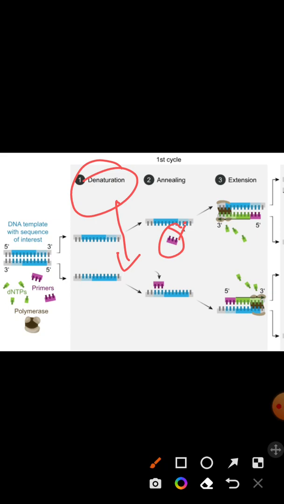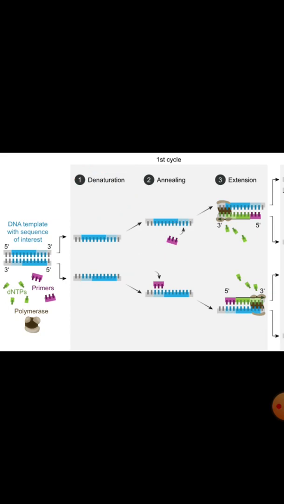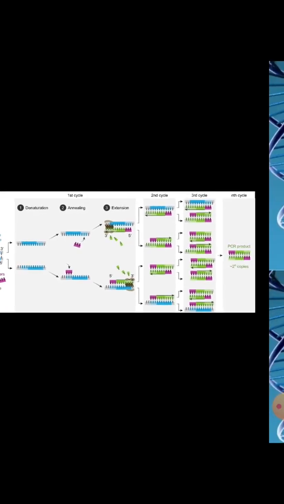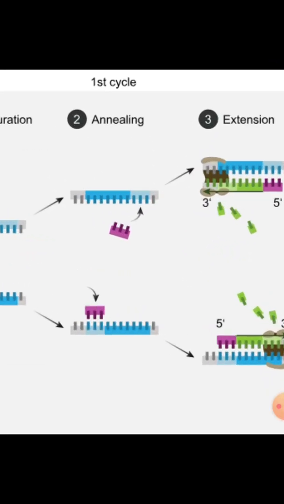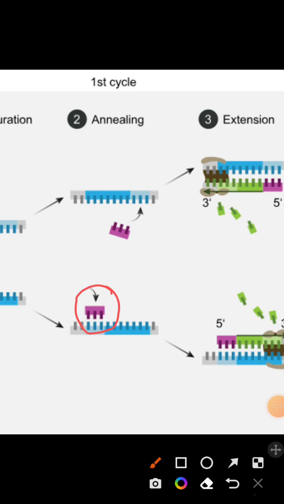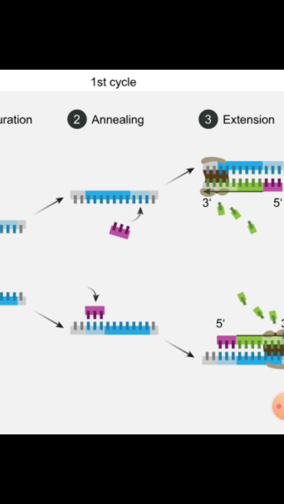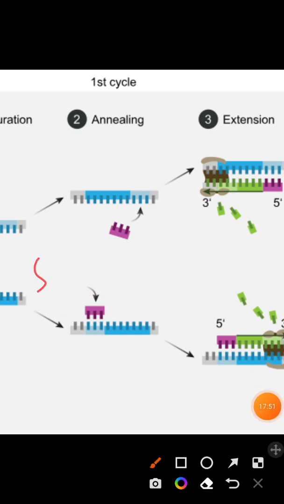Now how can you determine the annealing temperature? For that I am again going to come back to my notes. Let's understand one thing: the primer will bind in such a way. The temperature of annealing will be determined by the Tm value of the primer. We all know what Tm value is.